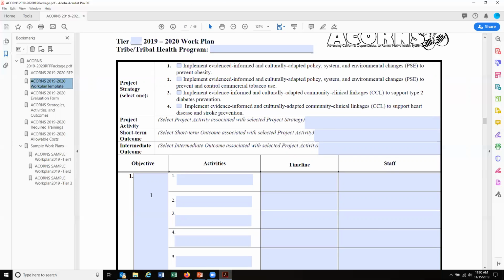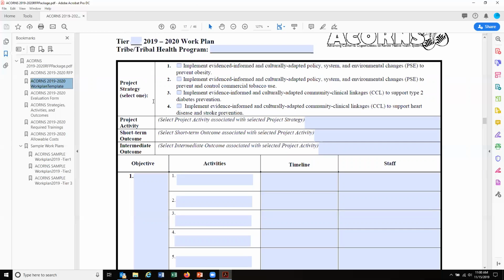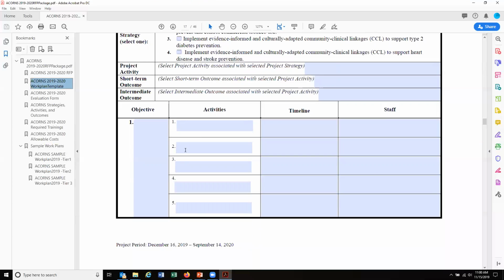So your objectives should be measurable if possible, and then the activities listed here, again, we're working from really broad, so the project strategy and the project activities, it's broad, you get a little bit more specific, and then with the objectives, you get a little bit more specific, and the activities are really those step-by-step things that you're going to be doing to implement or to reach your objective.